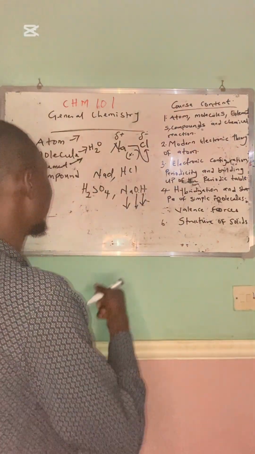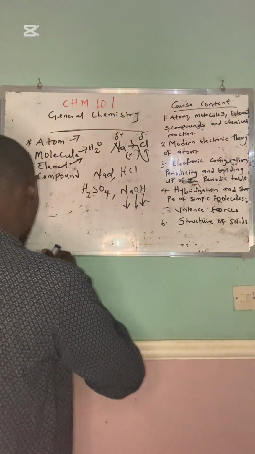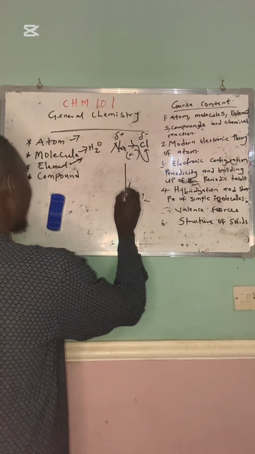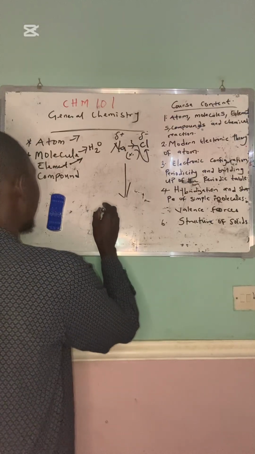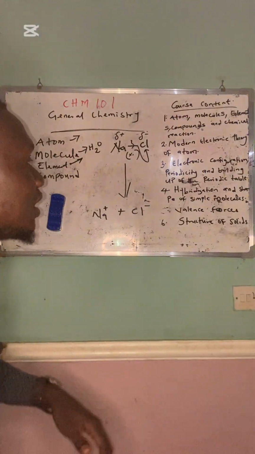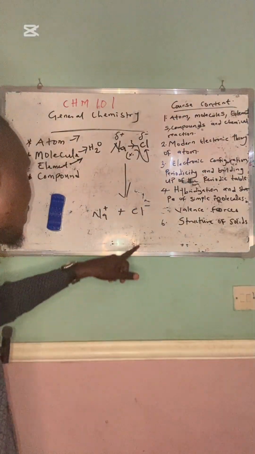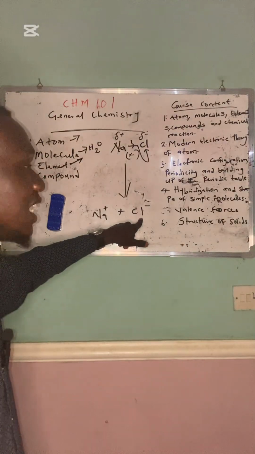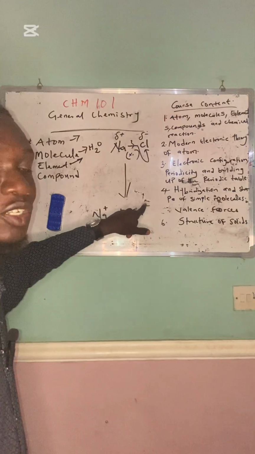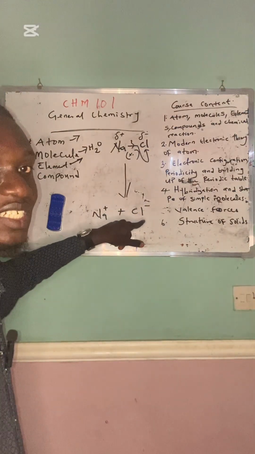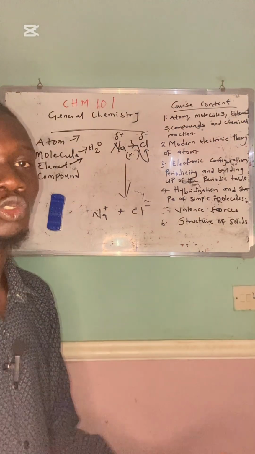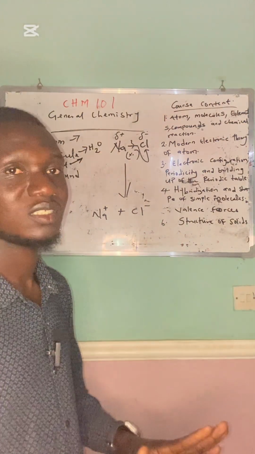So if this breaks, you have sodium and chlorine. Now this informs the idea that being negatively charged has allowed it to attain its octet state, because in its atomic shell it no longer contains 7 electrons, but rather 8 electrons, giving it the octet state, observing the octet rule, octet stability.